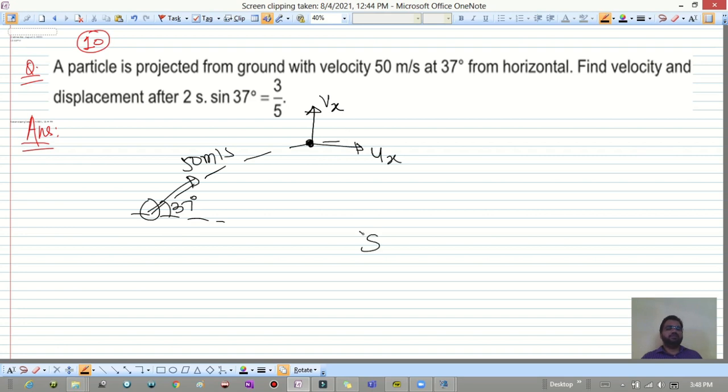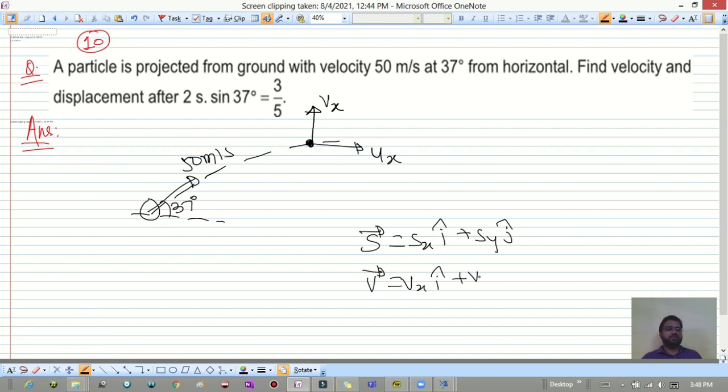Displacement you can consider in the horizontal plus the vertical direction. Likewise the velocity is Vx i hat plus Vy j hat. This is how you can consider the displacement and velocity, and try to solve this question. Whatever answer you get, comment in the comment box. I'll try to reply to your comment as soon as possible.